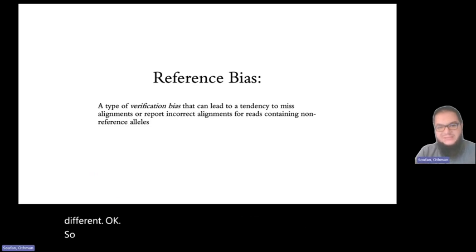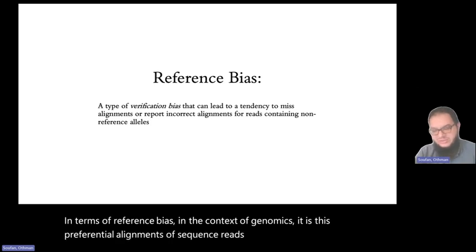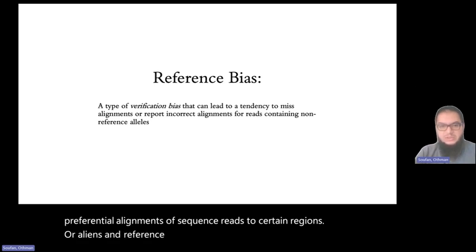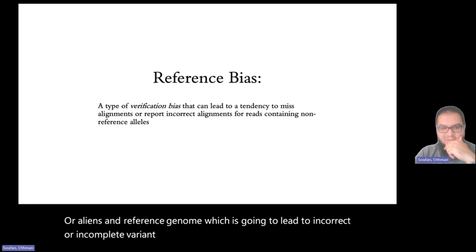So reference bias, in the context of genomics, is the preferential alignment of sequence reads to certain regions or alleles in a reference genome, which is going to lead to incorrect or incomplete variant identification.